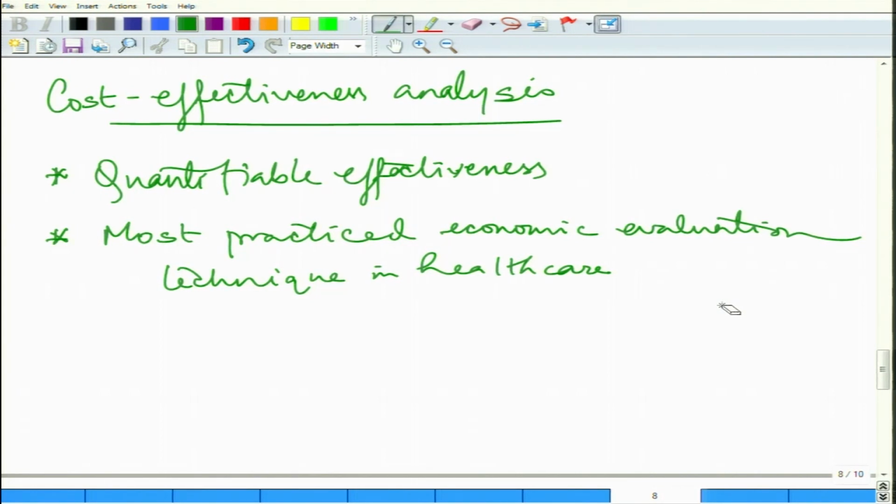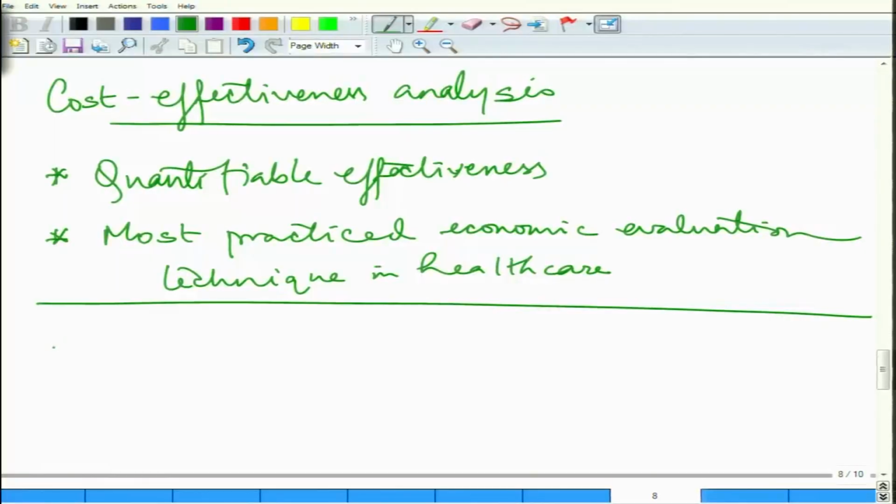So what we primarily do in cost effectiveness analysis is compare both cost and effectiveness on a same common platform.